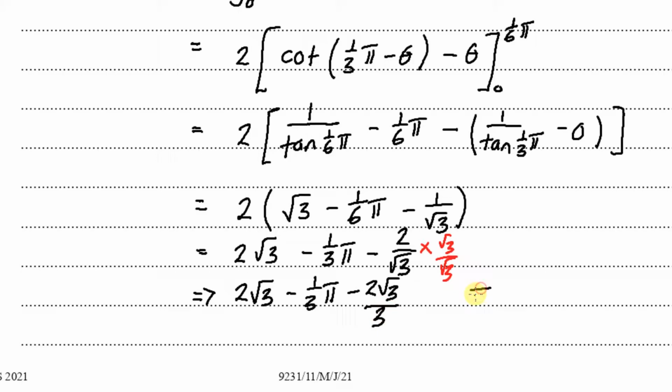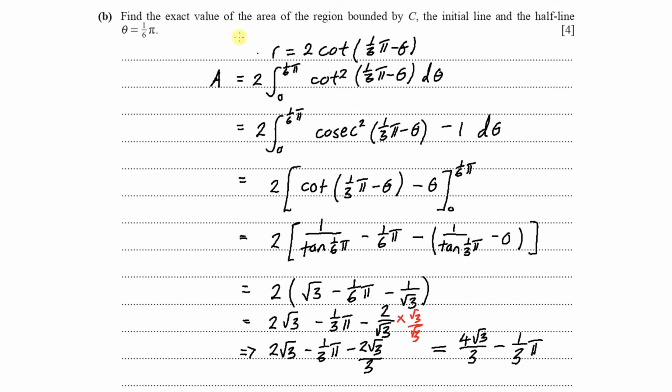And this is going to give us an answer of, if we say 2 root 3 minus 2 root 3 over 3, we know that's 4 over 3. So we'll be having 4 root 3 over 3, and that's minus a third pi. So this here becomes the final answer.